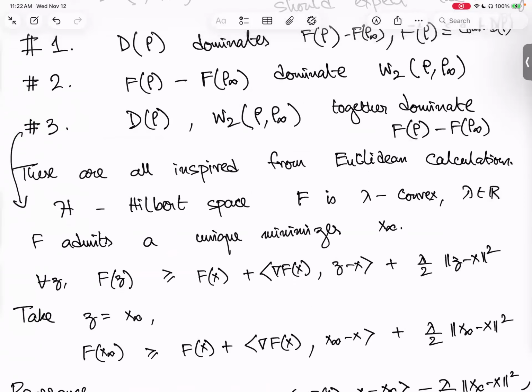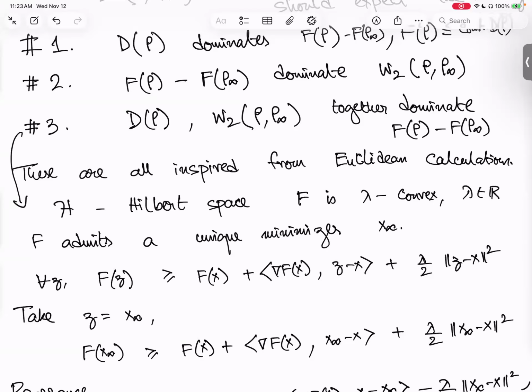Right? That would be my guess. The fact that you can guess this is because of Otto calculus. You can lift your Euclidean result and make a guess. How are you going to prove this? To prove this, you need regularity, you need smoothness, you need arguments. But based on how we derived this very simple argument, you can try to prove this.